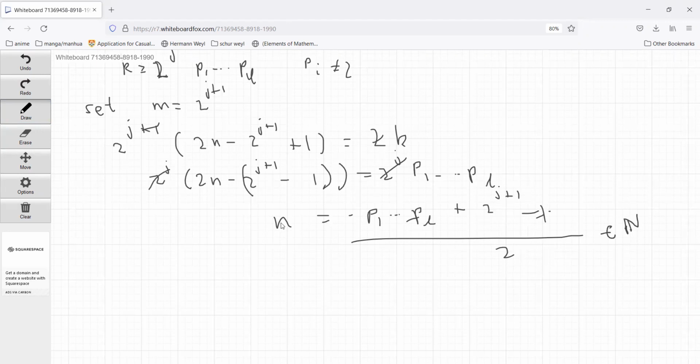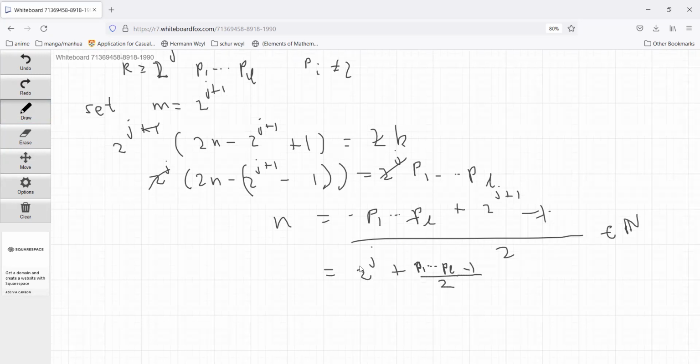This whole thing, just to be a little bit more precise, so I can have that as 2 to the j plus p_1 through p_l minus 1 over 2. And that is below. Minus 1 over 2.